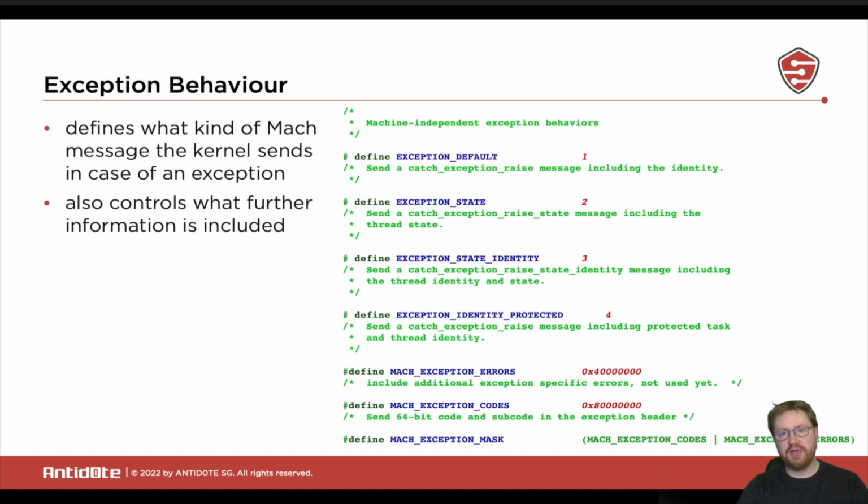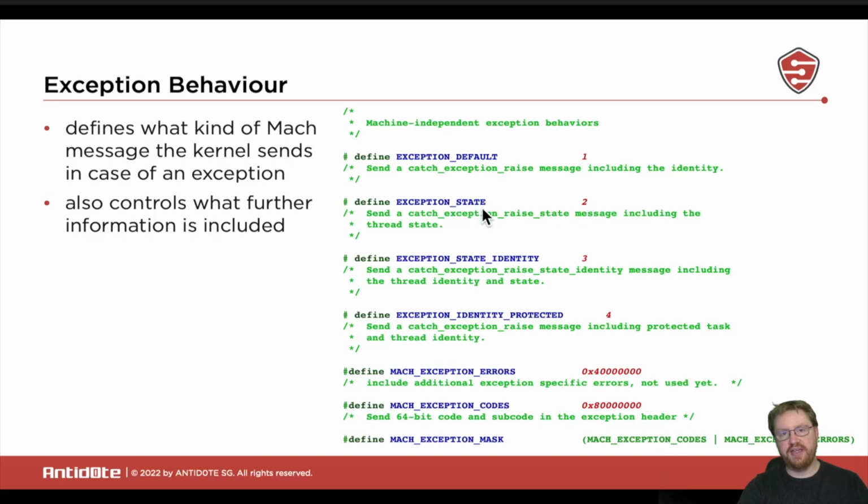The exception behavior defines what kind of message gets sent to you, and the valid values are EXCEPTION_DEFAULT, EXCEPTION_STATE, EXCEPTION_STATE_IDENTITY, and EXCEPTION_IDENTITY_PROTECTED. The default just gives some information about the codes and who caused the exception.